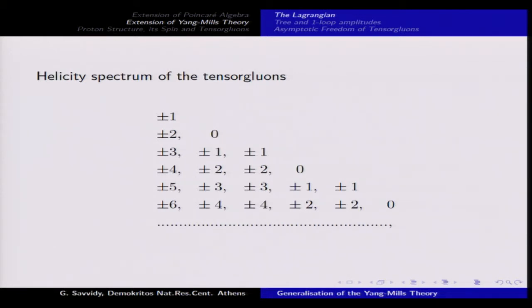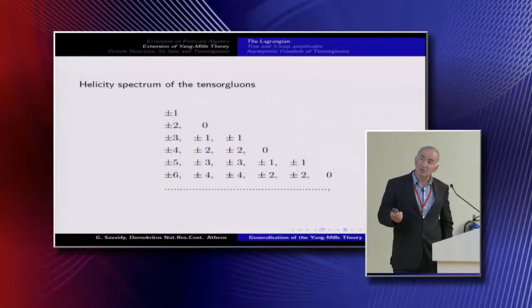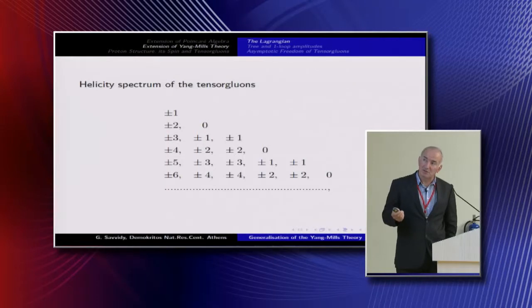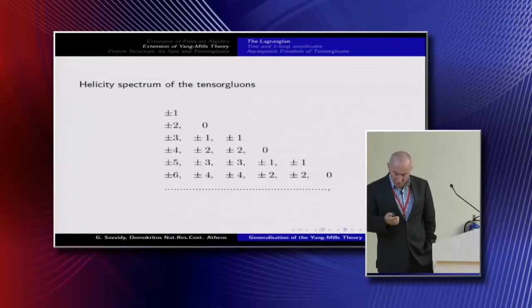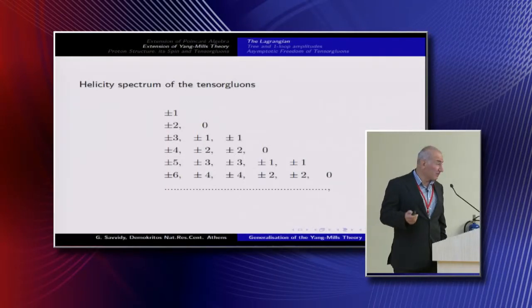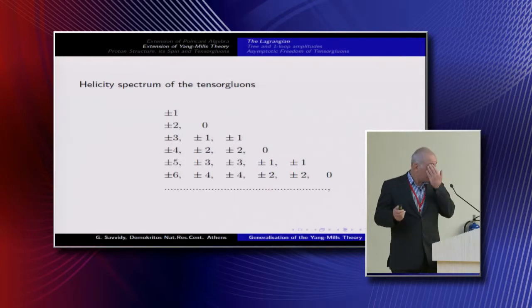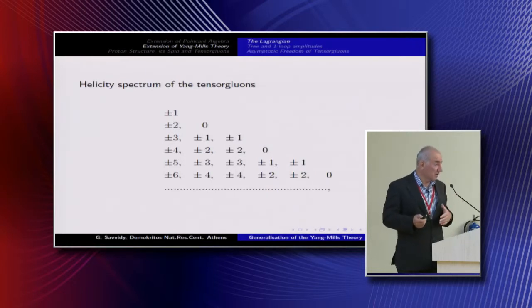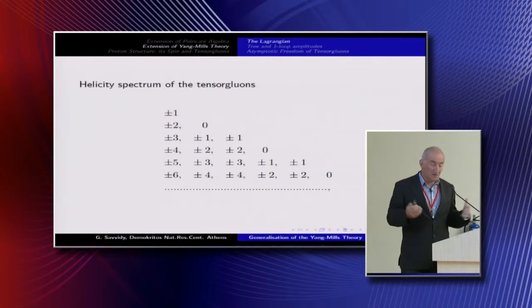It was not symmetric, so it contains both fields. And then it goes plus minus 3, plus minus 1, plus minus 1. And each time it changes by 2, so you see 4, 2, 2, and so on. And the degeneracy is also written here. So this is the spectrum of your theory. It reminds you of string theory, where the spectrum is infinite, but these are massless particles.